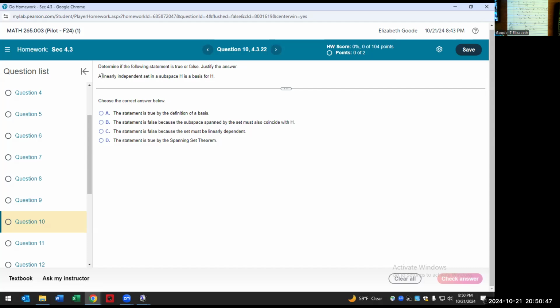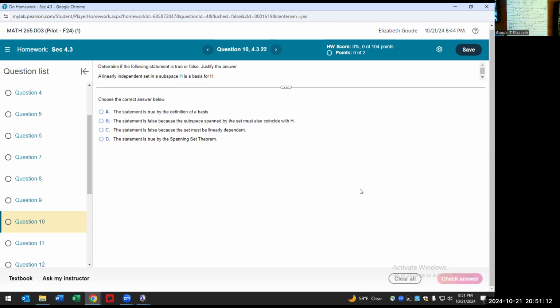One property is that the basis has to be linearly independent. So that's good that we have that. We need that. But the other thing is that the basis has got to span H. There have to be enough vectors to build all of H. And so the reason this is false is because just because the set is linearly independent doesn't mean that it's enough to build H. It may not span H.